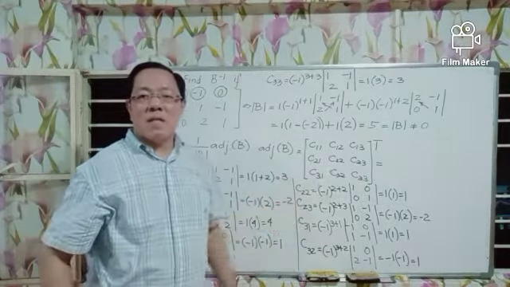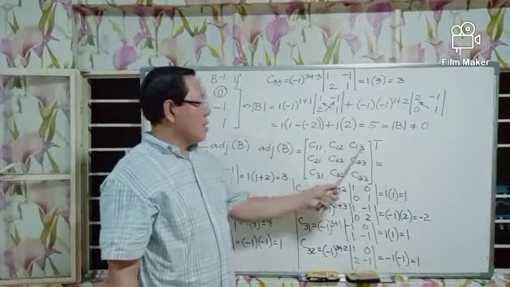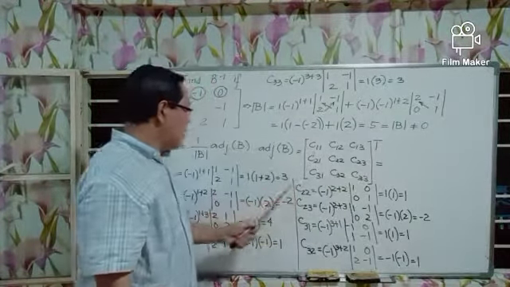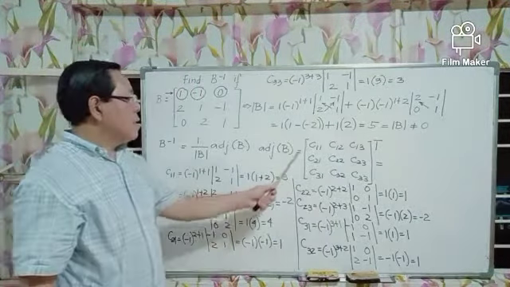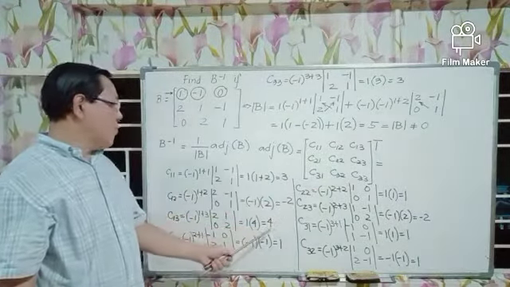Now we write the cofactors of the elements of matrix B in this matrix and we get the transpose. C sub 1,1 is 3. The entries of the first row are 3, negative 2, 4.